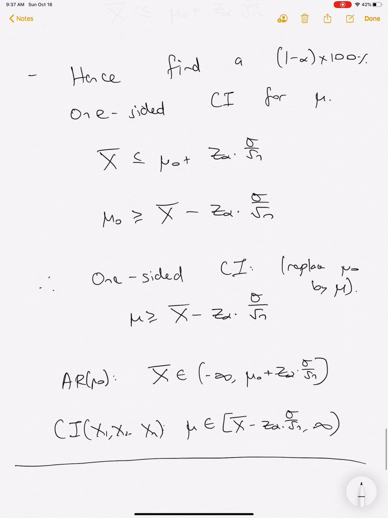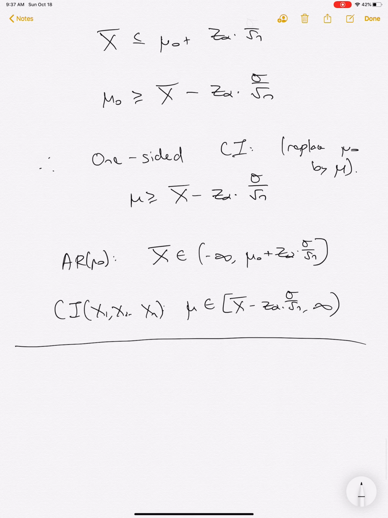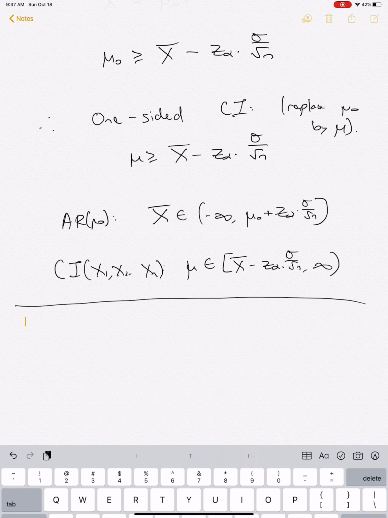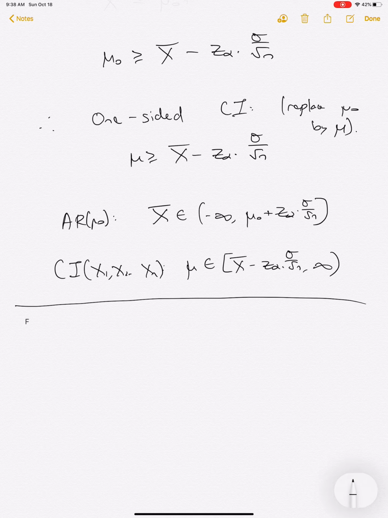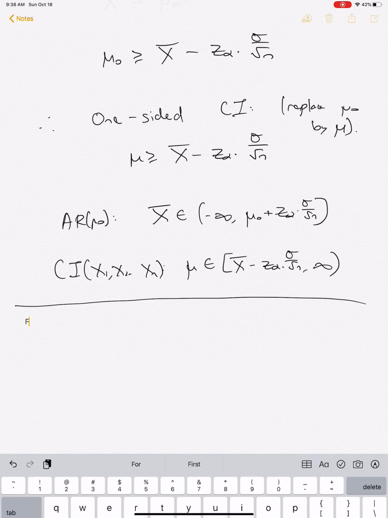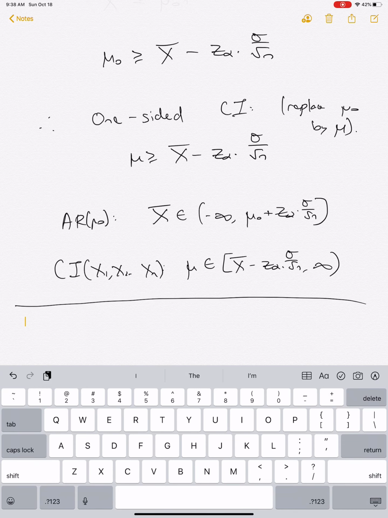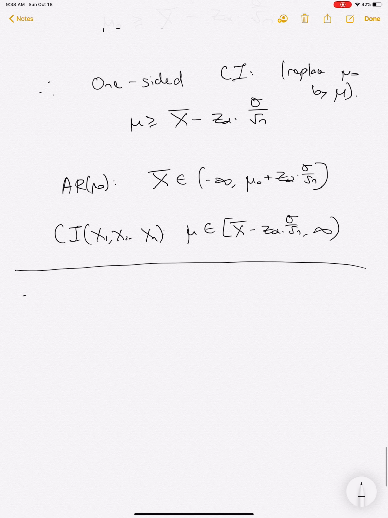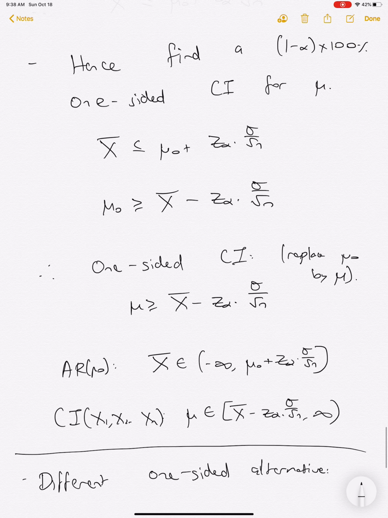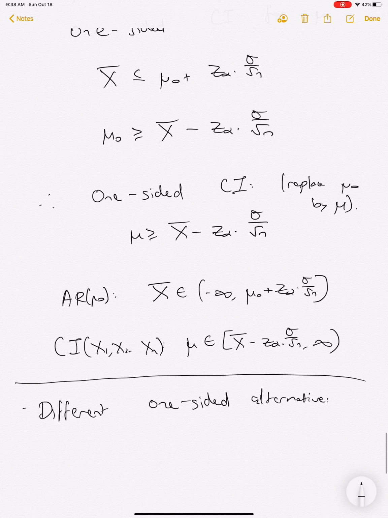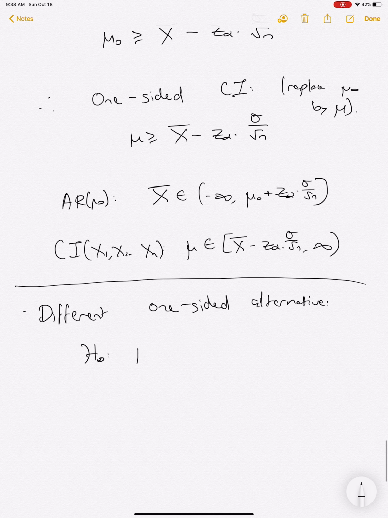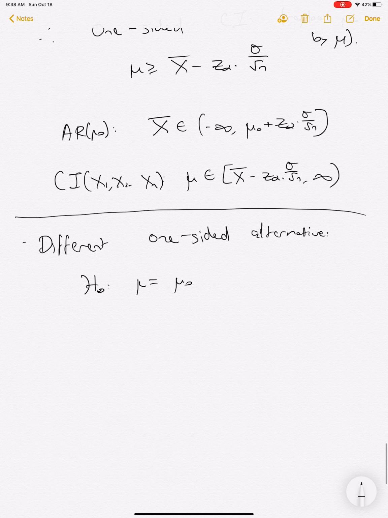Now let's do a different one-sided alternative here. Let's say that H0 obviously is that mu is equal to mu 0, and the alternative is mu less than mu 0.